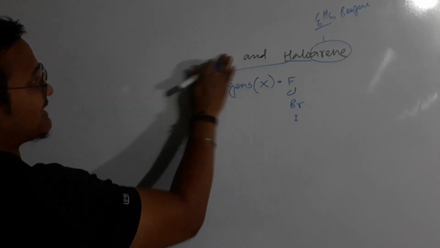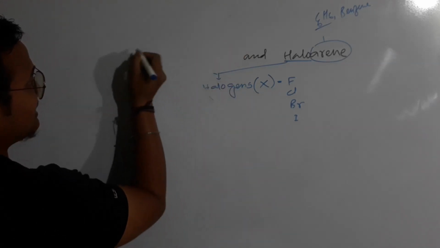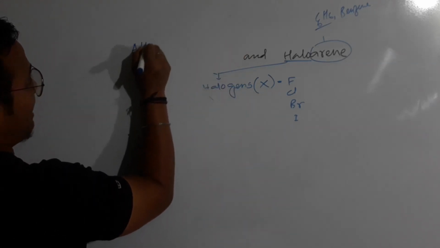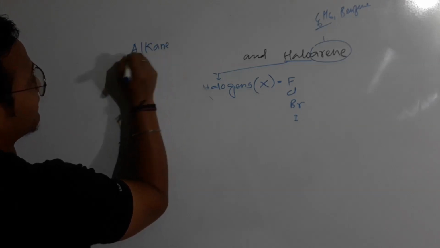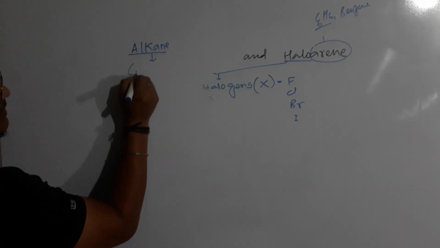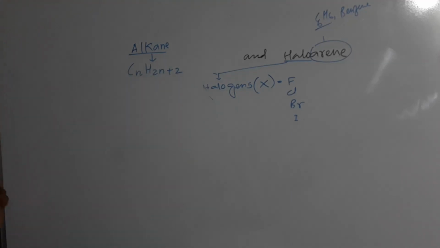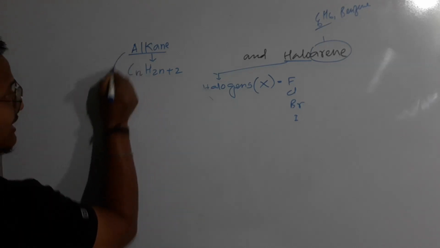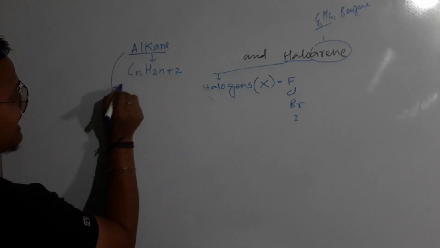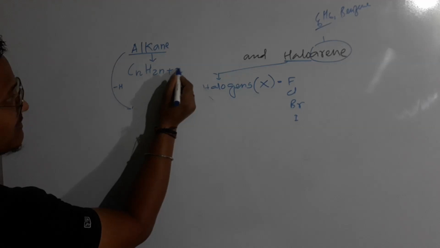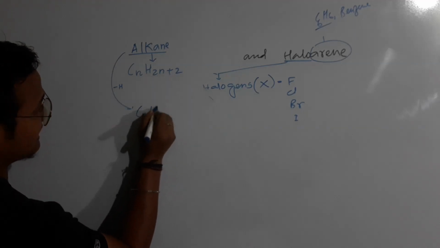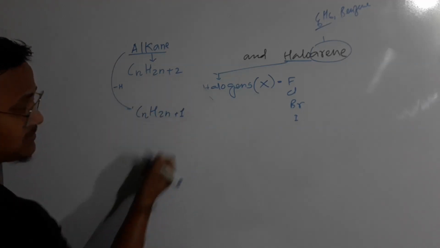For alkane, we know the general formula is CnH2n+2, where n means the number of carbon atoms. If I eliminate one hydrogen, minus H, then it becomes CnH2n+1, isn't it?